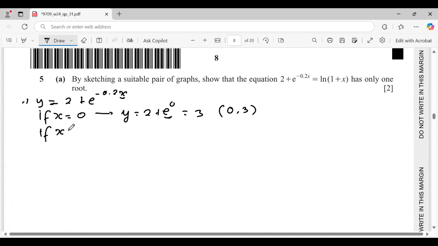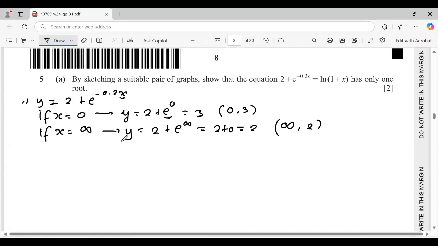Next, if x equals infinity, y equals 2 plus e power infinity, which is 2 plus 0, so it is 2. So the coordinate point is (infinity, 2), right?